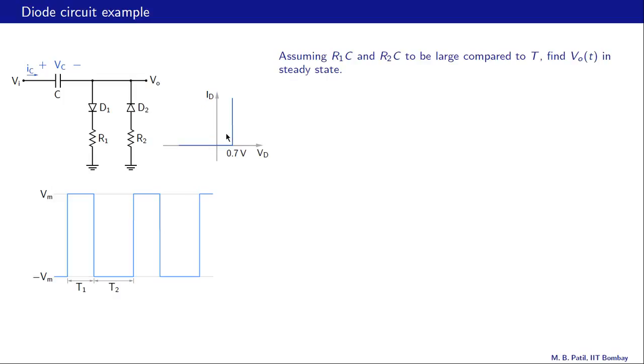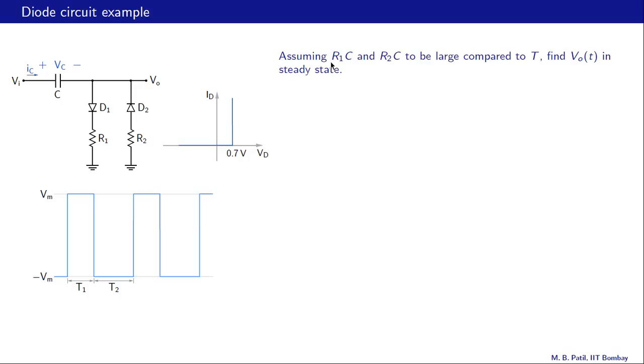So when the diode conducts, it has a voltage drop of 0.7 volts, and for any voltage less than 0.7 volts, it does not conduct. The current is 0. Here is the problem statement. Assuming R1C and R2C to be large compared to T, find VO of T in steady state. VO is the output voltage here.